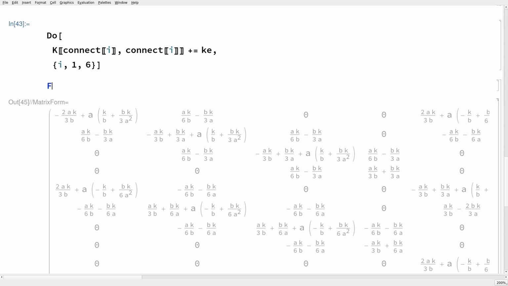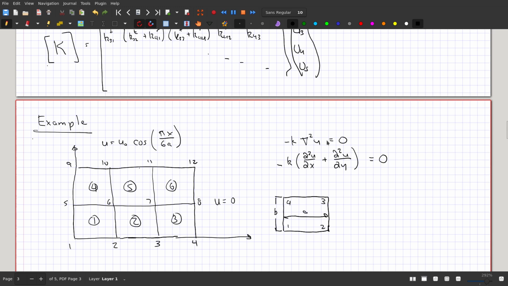So for the right-hand side vector, basically we need to apply the boundary conditions. So what I'm going to do here, for simplicity and time, is make a modeling decision. We just went through this whole exercise of how you would evaluate a function on the boundary, right?